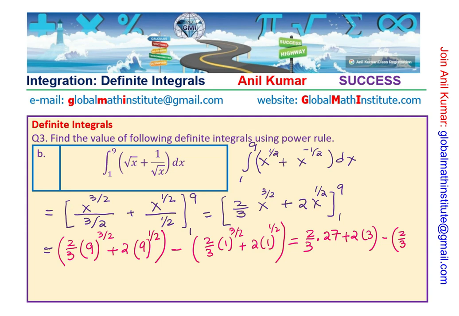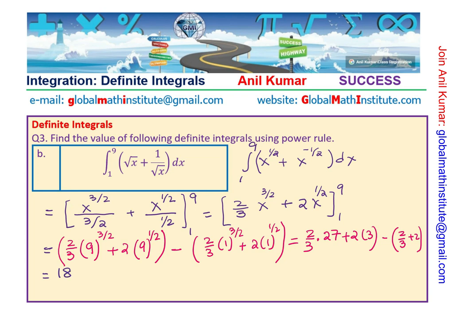So 2 by 3 plus 2. Correct. So now we get 2 by 3 of 27 means 9 times 2, 18, plus 6, minus 2 by 3 plus 2 means minus 3 times 2 is 6, 6 plus 2, 8, 8 over 3.